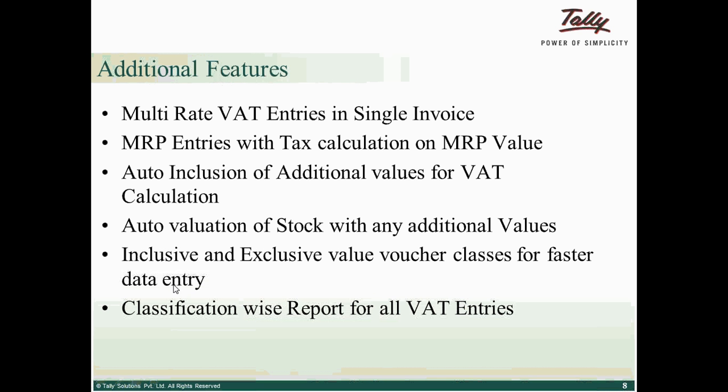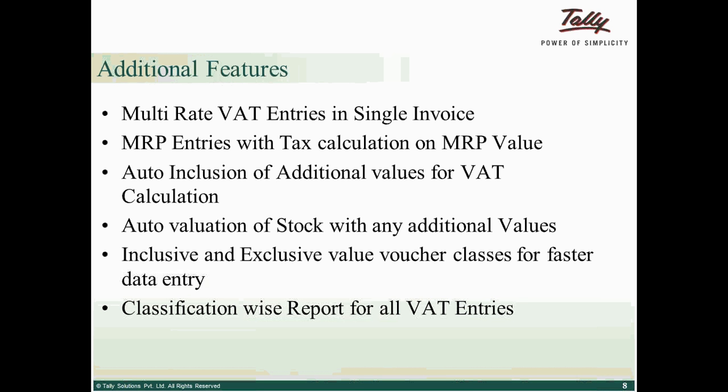And we also have the functionality of multi-rate VAT entries in a single invoice. When you're billing, it's not only going to be one item. You may have multiple items with various percentages of VAT applicable, so the functionality is given to support this. Also we have tax calculation on MRP, and auto inclusion of additional values.